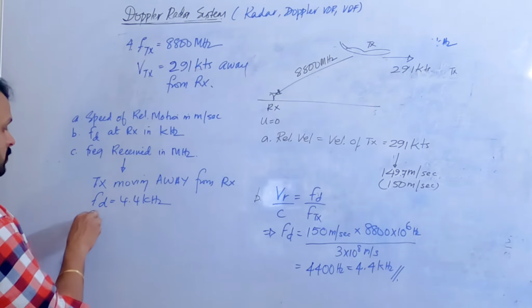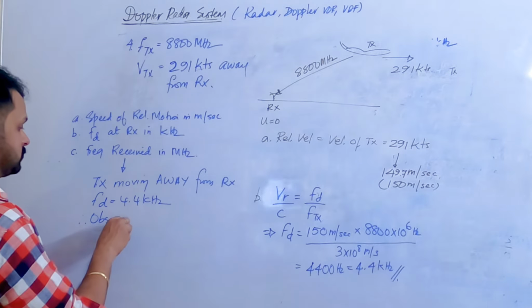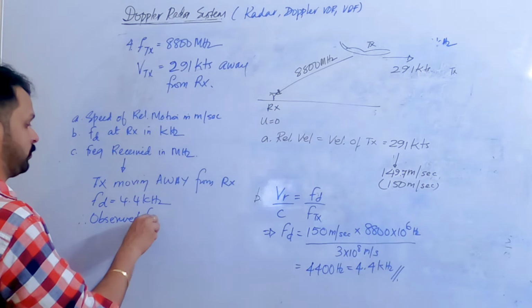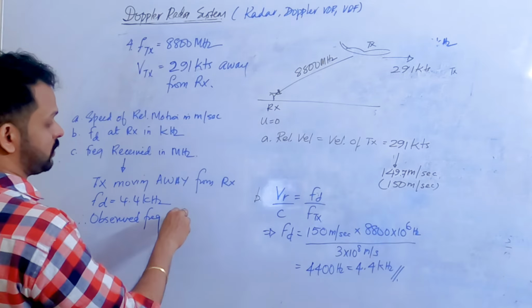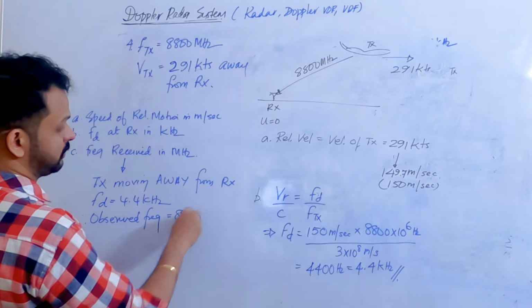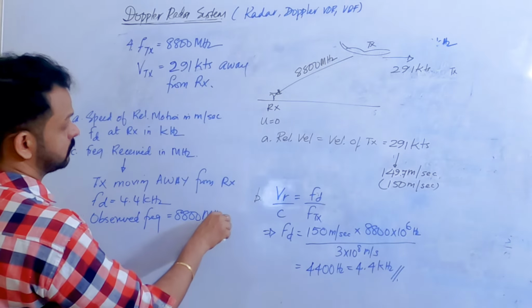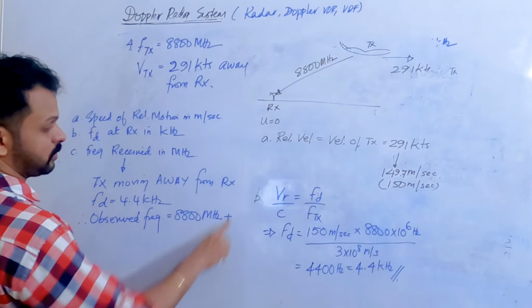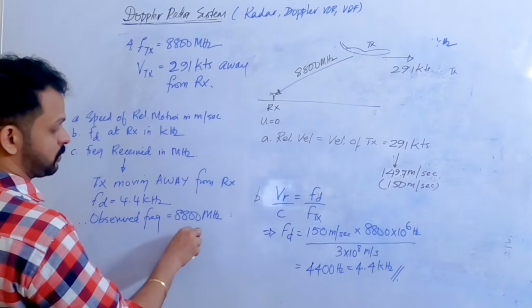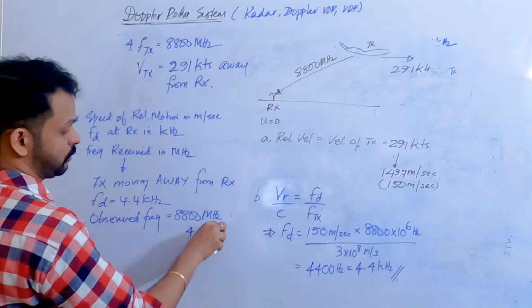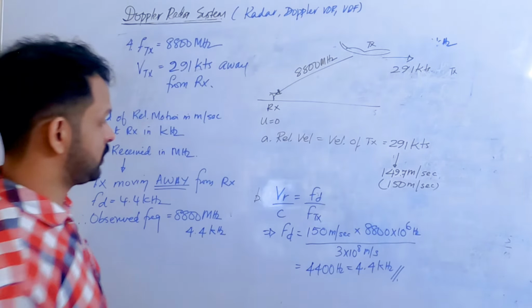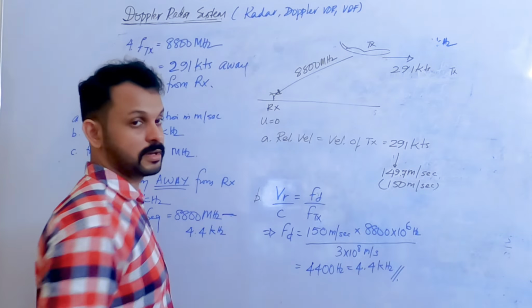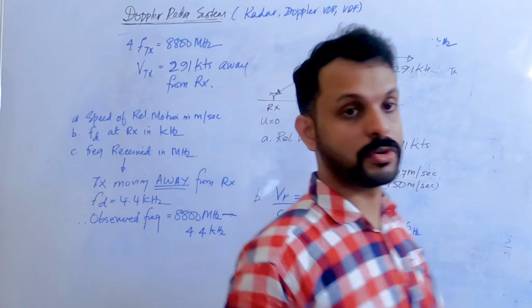The observed frequency at the receiver will be the transmission frequency of 8800 megahertz, adjusted by the shift frequency of 4.4 kilohertz. Since the transmitter is moving away from the receiver, there is a drop in the received frequency by a small amount.